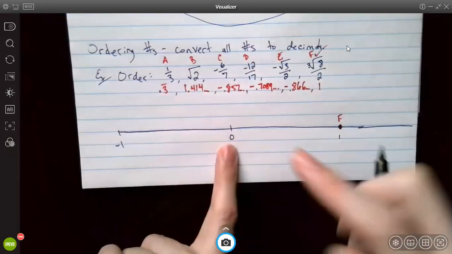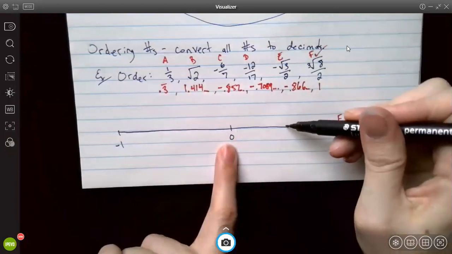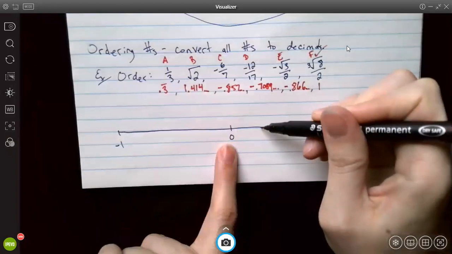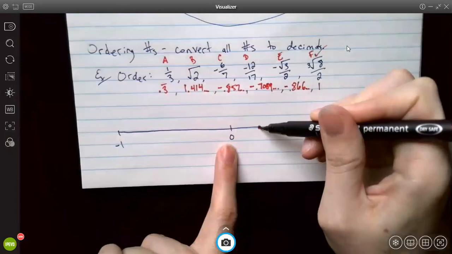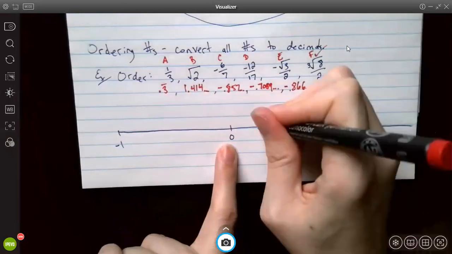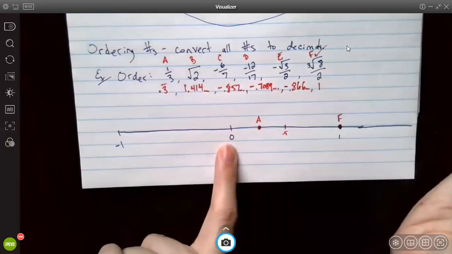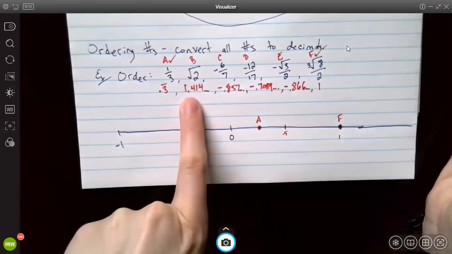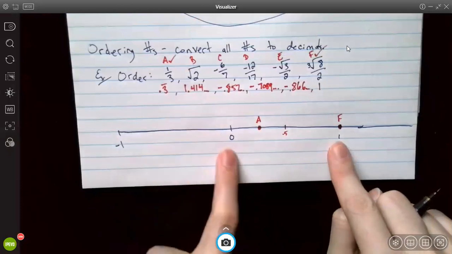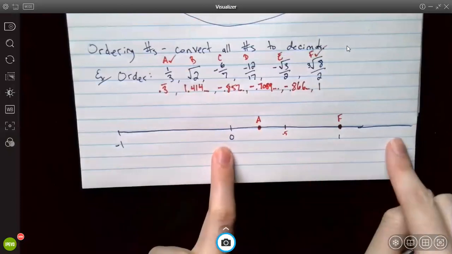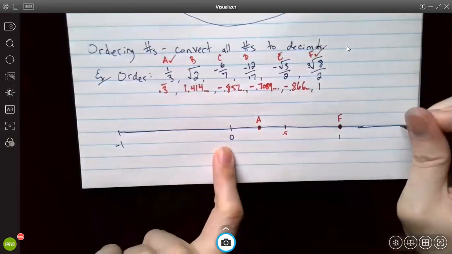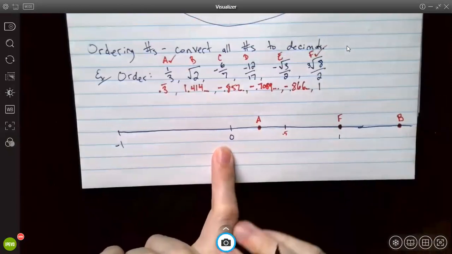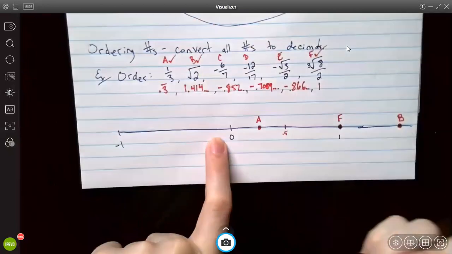If I kind of break this up, I would have like 0.5 around there, so 0.3 might be in there somewhere. So A would be roughly there. 1.4 would be about halfway between 1 and 2, so it might be like there somewhere. Got that one.